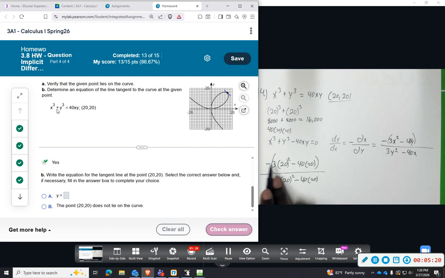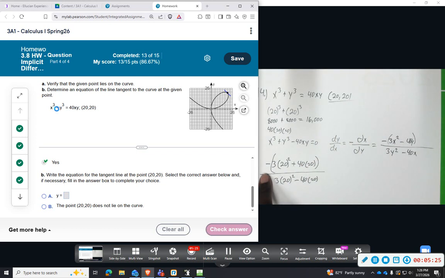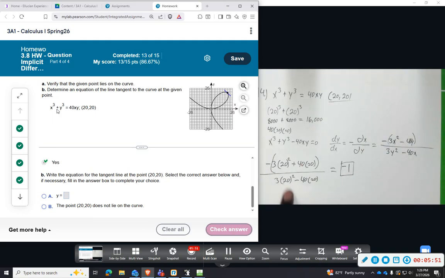Now, if I distribute this negative, this will become positive. And if you look at these very closely, it's pretty much the same term. This matches this, this matches this. So whenever we do the work, we're going to get the same number. One is going to be negative, one's going to be positive. So without even doing a lot of work, this looks like it's going to be equal to -1, because you're dividing by itself, just opposite signs. So my slope is -1.